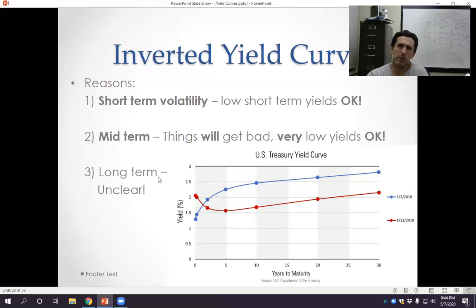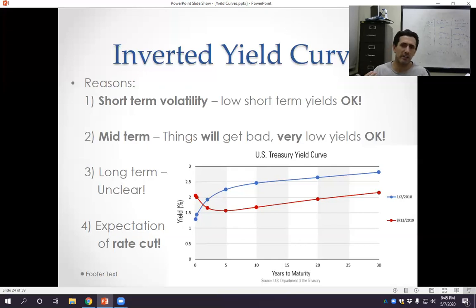Okay? Now, another reason why a yield curve might invert is because investors might expect the Fed to make a rate cut. If the Fed cuts the short-term yield rates, then people are not going to want a short-term bond.